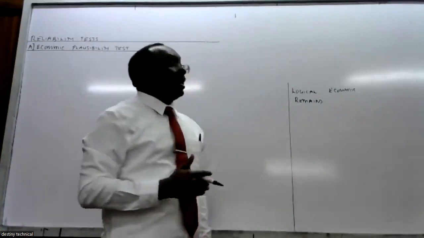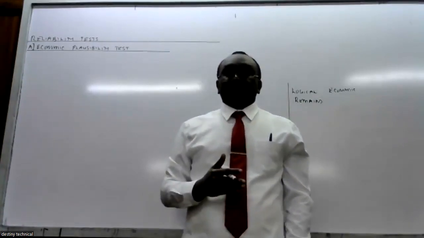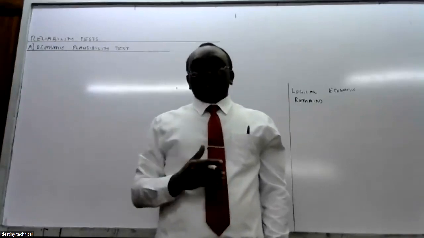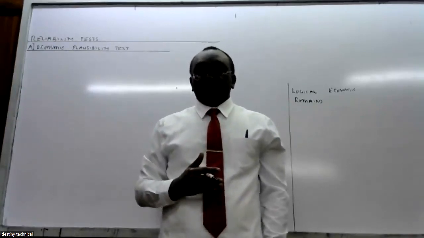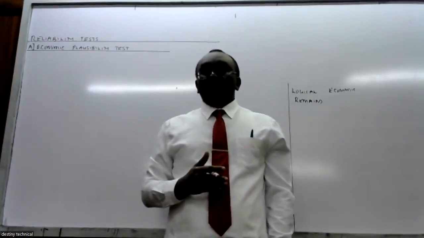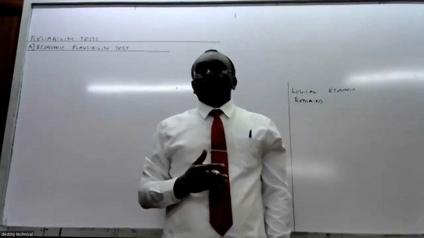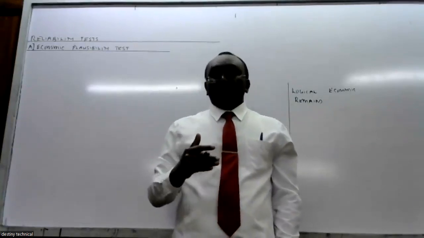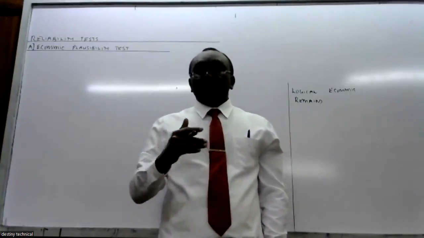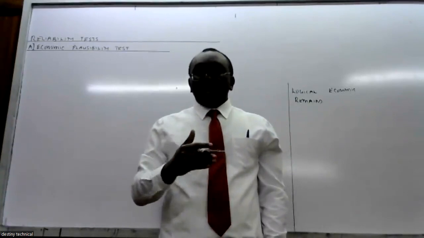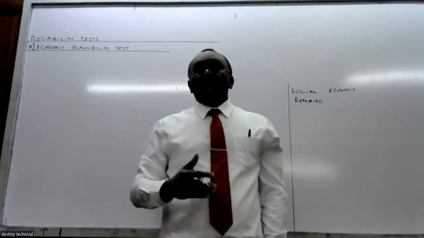The relationship is said to make economic sense if it is in agreement with what would be expected. There is always what we expect. For example, here and now, as I teach you, I believe you expect that I am qualified to teach this unit. I have been to class or I have sat for the exam and I have some experience.